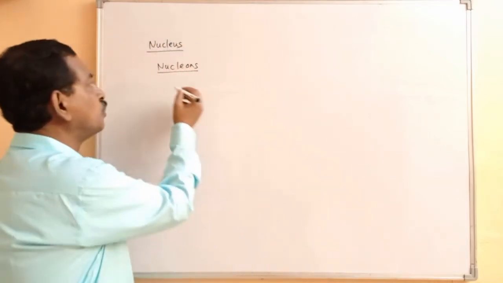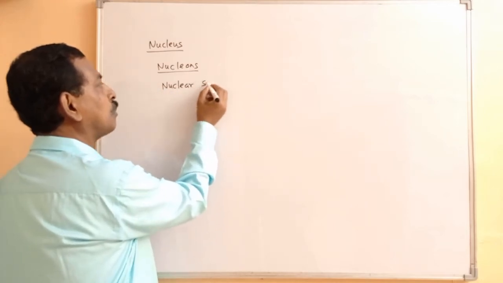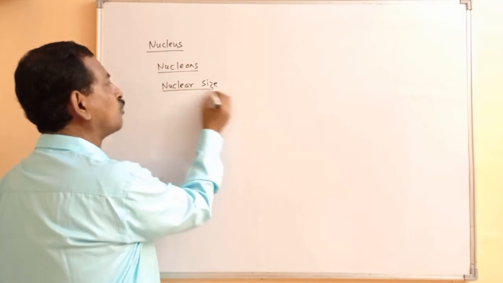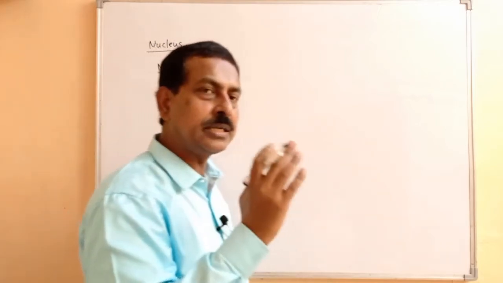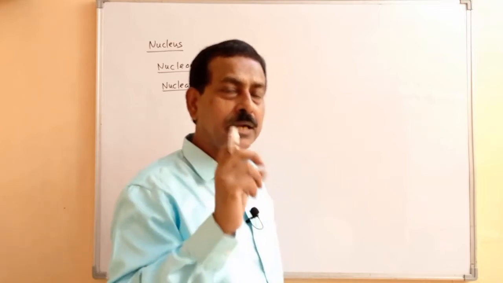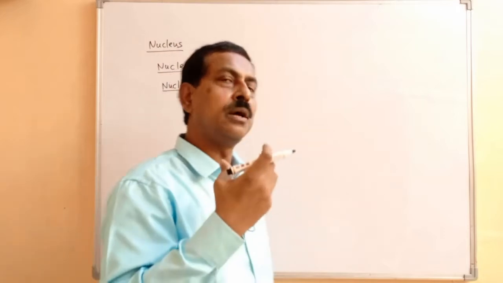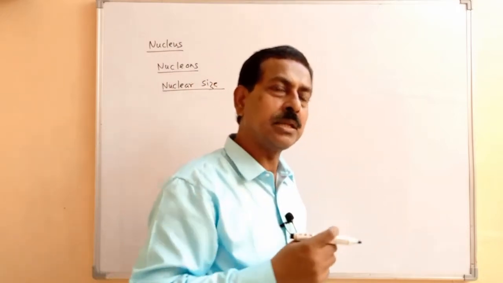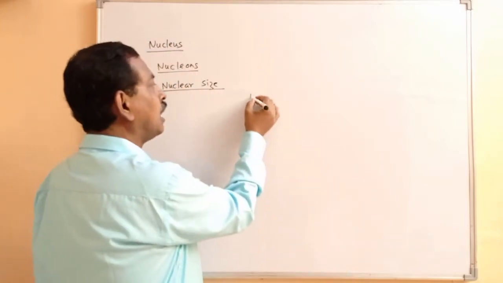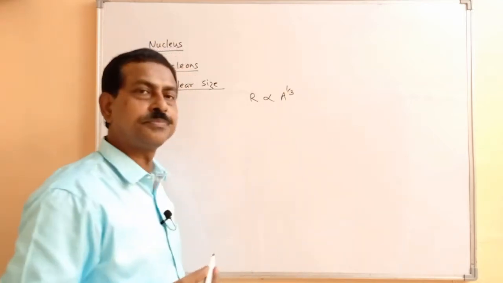Another term which we get is the nuclear size. Of course, nuclear size will be related with the nuclear radius, what we express. Now that term, the nuclear size, is found to be related with the mass number by the relation R proportional to A power 1 by 3.